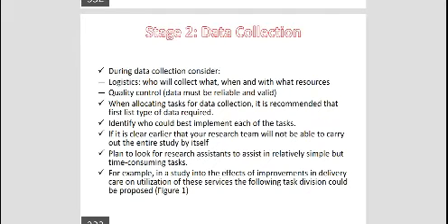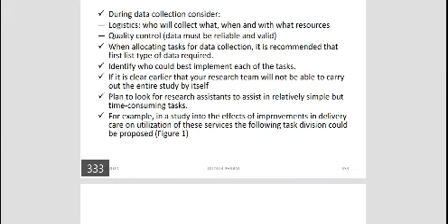Then, if it is clear early on that your research team will not be able to carry out the entire study by itself, plan to look for research assistants to help with relatively simple but time-consuming tasks. For example, in a study into the effect of improvement in delivery care on utilization of these activities, the following task division could be proposed.